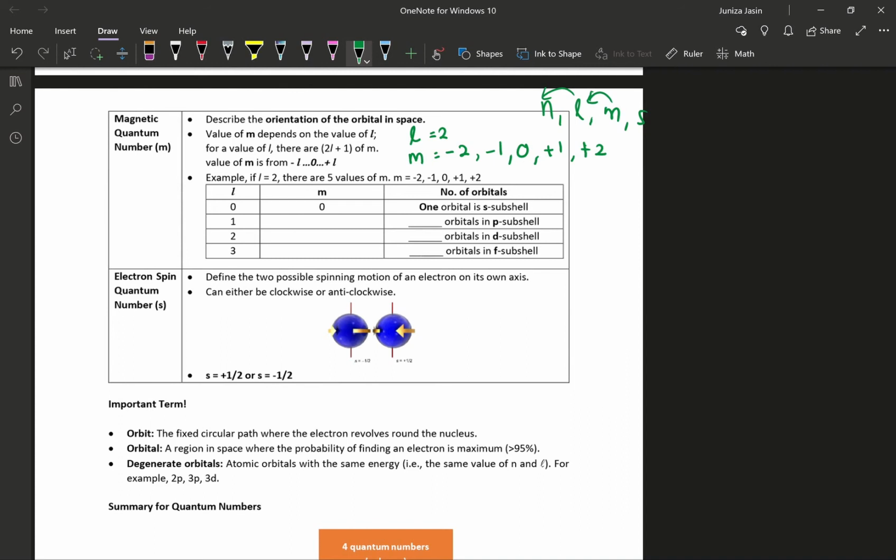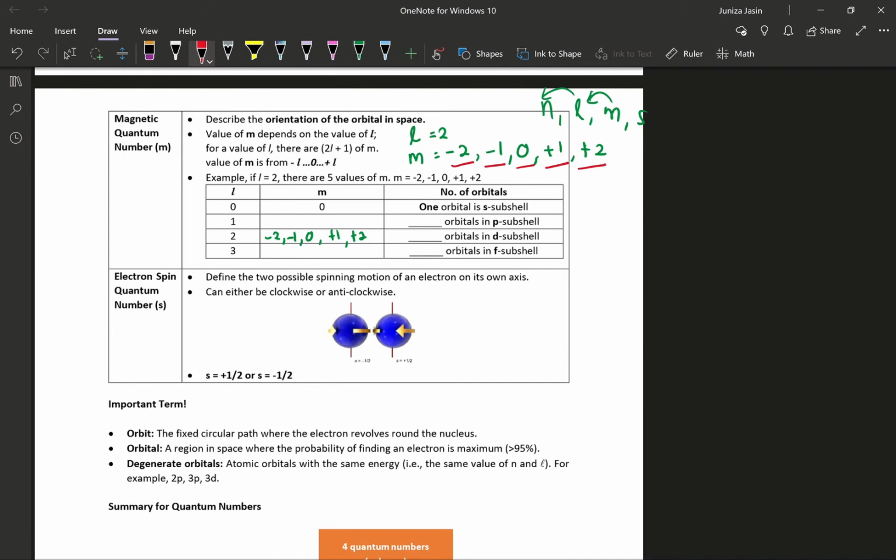So, sini kita boleh isi lah. Negative 2, negative 1, 0, plus 1, plus 2. Okay, so if you look carefully, there are 1, 2, 3, 4, 5 values of m. Okay, there are 5 values of m to indicate that there are 5 D orbitals.